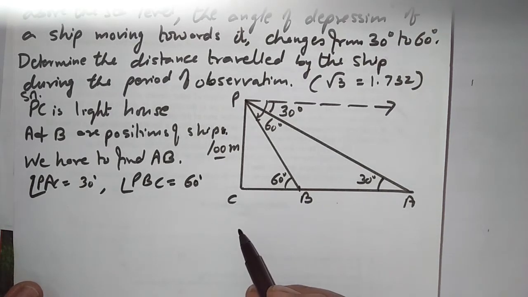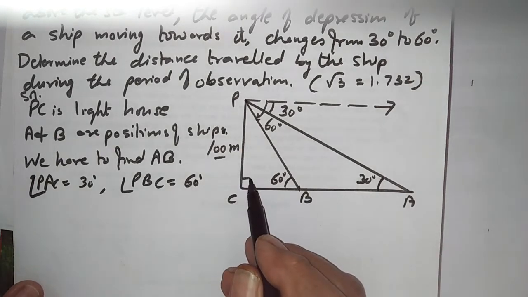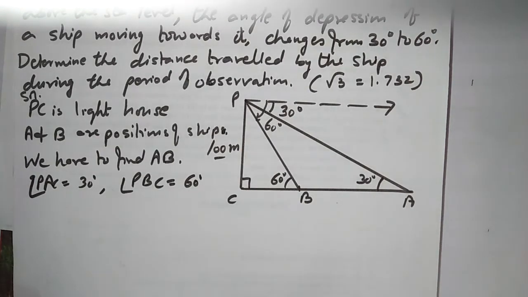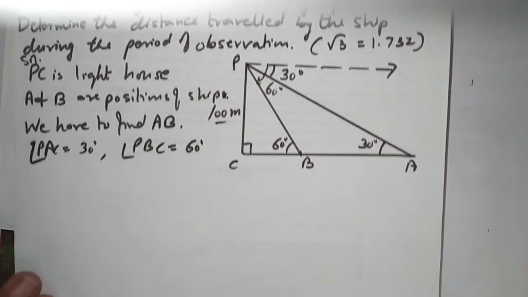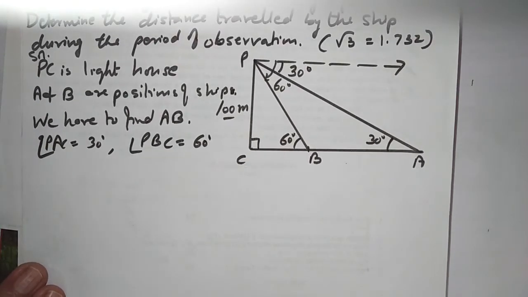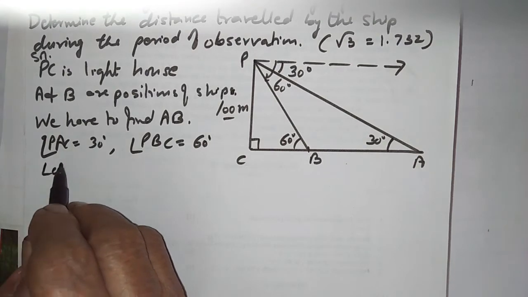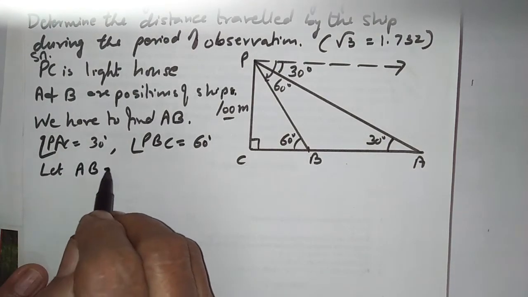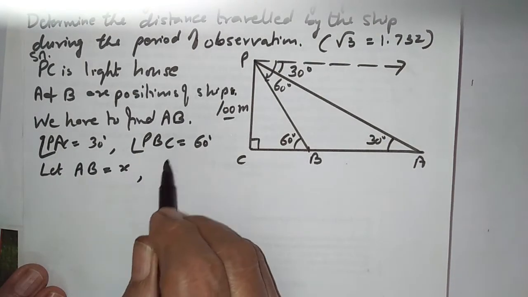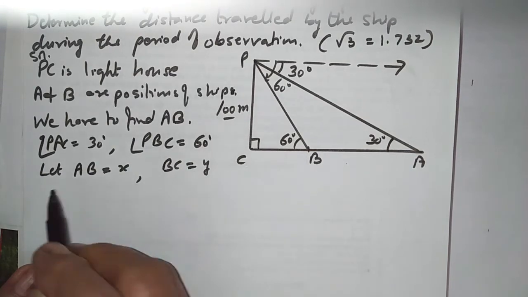We always need a right angle triangle for these trigonometrical ratios. Now we will see, let AB is equal to X and BC is equal to Y.